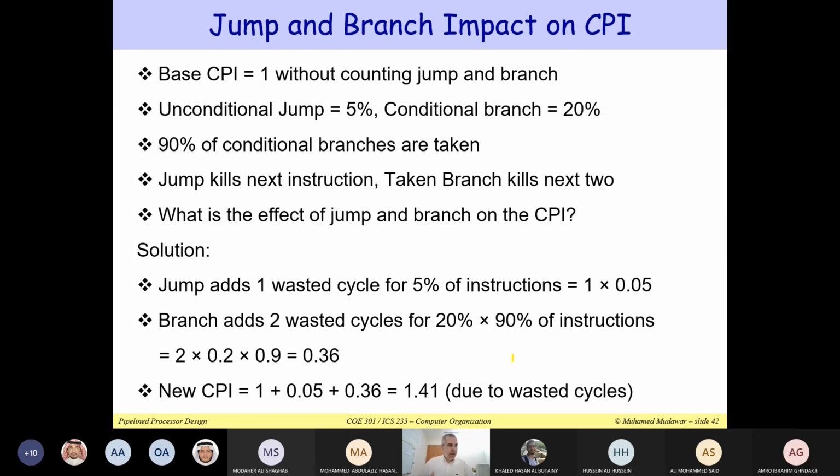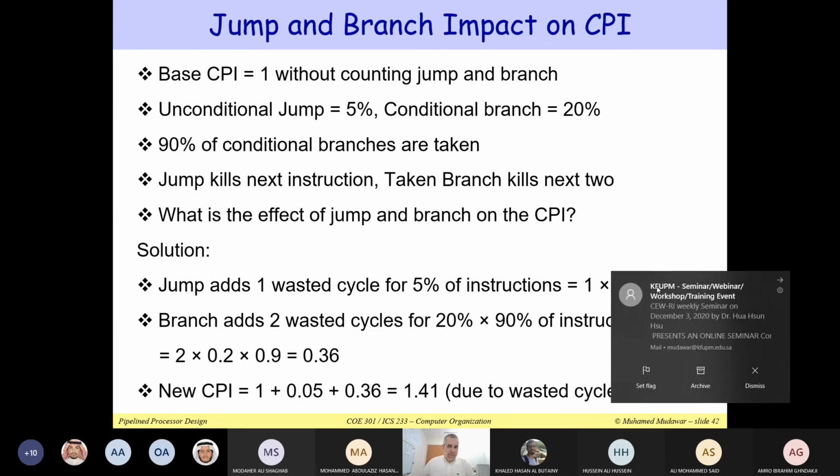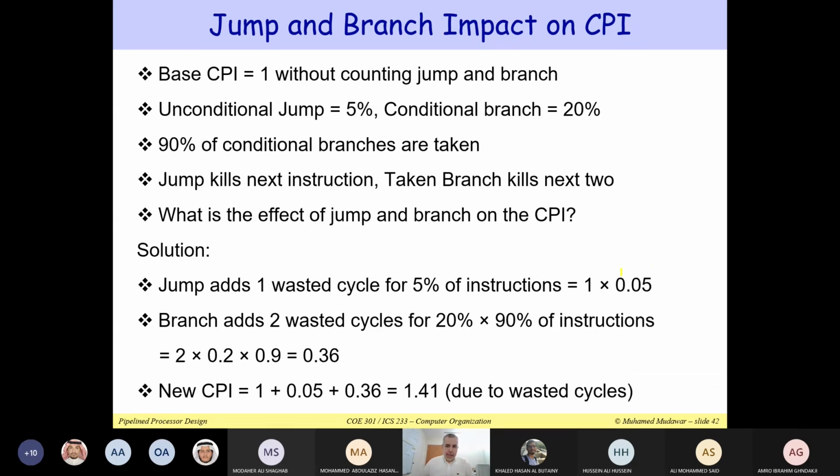But because we have 5 jump instructions, these are going to add 5 extra wasted cycles. So that's actually the 0.05 per instruction: you divide the 5 by the 100, and this gives me 0.05.